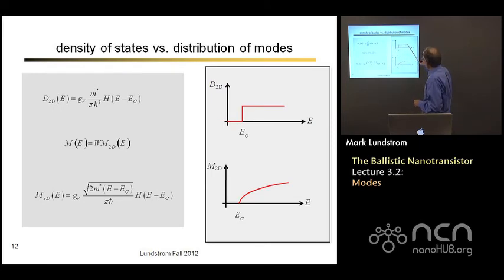Most of you are familiar with what the density of states versus energy looks like in a two-dimensional semiconductor. It's just constant, effective mass over pi h bar squared. But the distribution of channels for the same case goes as the square root of energy. So depending on whether I'm working in 1D, 2D, or 3D, I'll get a density of states and a distribution of channels that have different shapes.